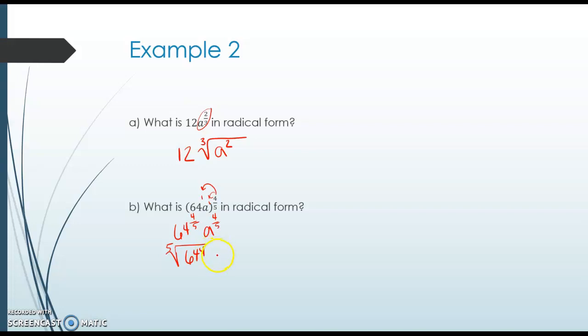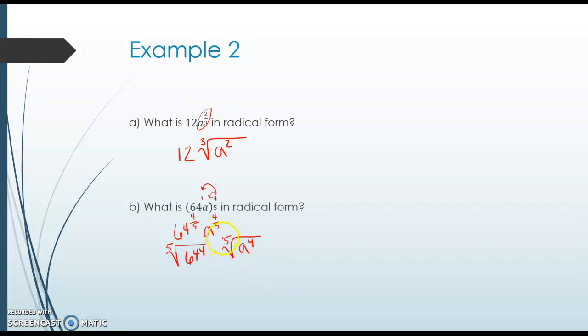And then we're going to do the times the 5th root of a to the 4th power. And the reason I separated them is because with the number, I'm going to go ahead and figure out the exponents for that, or simplify that down and then keep working from there.